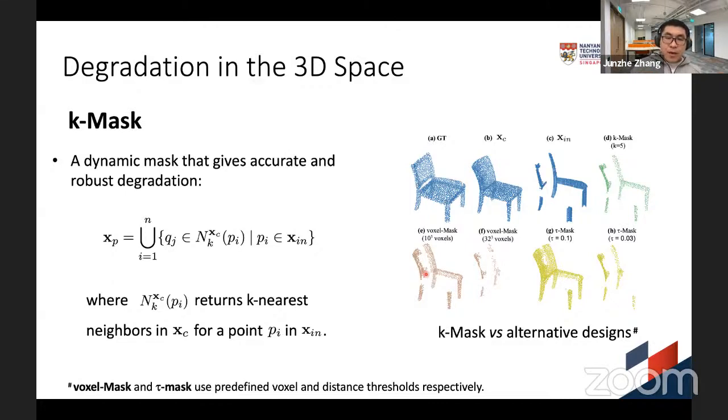And this is just a voxel mask, which directly leverages the 2D pixel mask, right? And then we can further improve it with a tau mask. Tau basically is a threshold. So for each point, instead of using the voxelization, maybe we can have a more fine-grained mask for each of the points in X in.